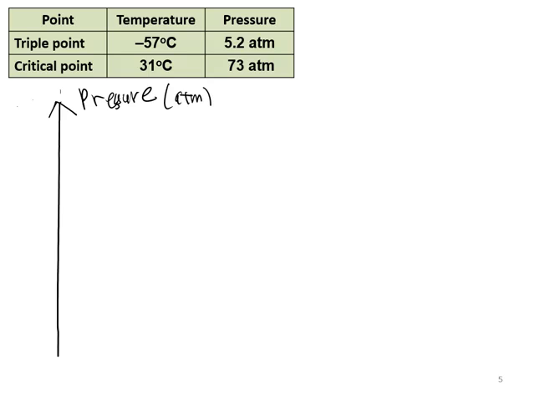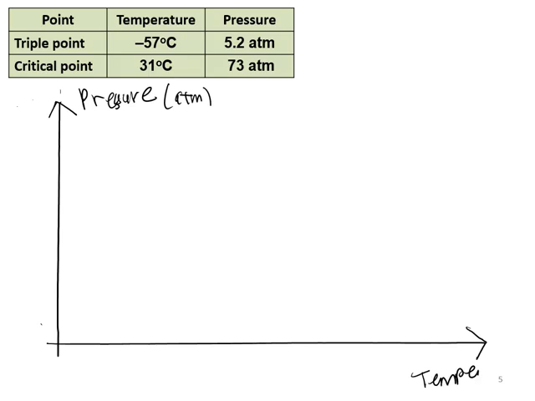And then kita punya X axis, label as temperature. Temperature in degree Celsius. Okay, ikut je unit yang provided. Dia bagi degree Celsius dan atm. Okay, yang tu yang pertama mesti kita draw the axis.